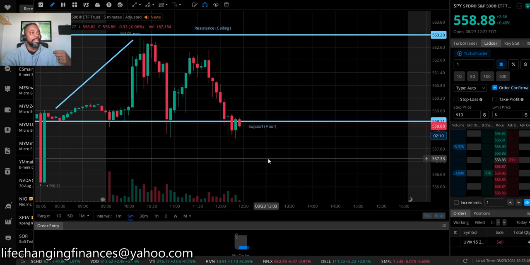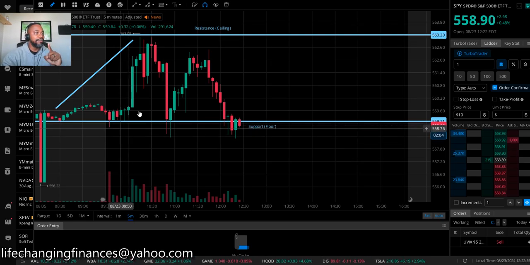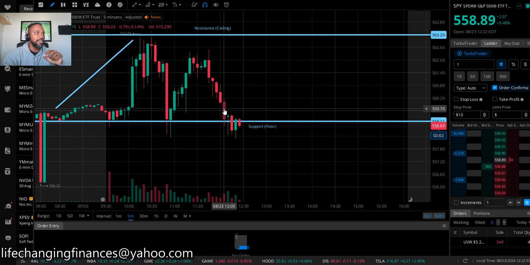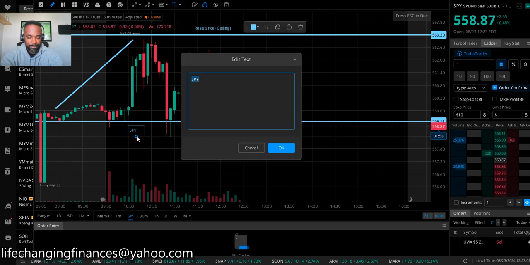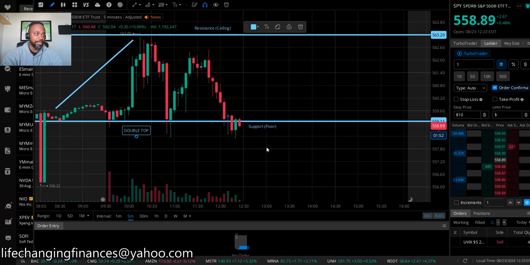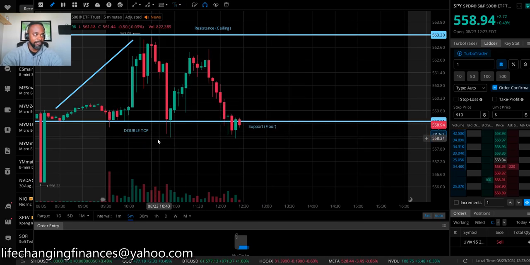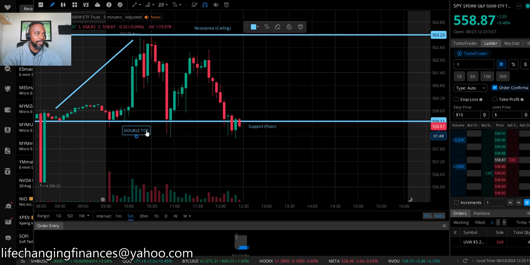In reverse, a double bottom could potentially show you that there's going to be movement to the upside. So for this particular illustration here, you have a double top. Again, it's not a perfect double top, but this is good to know. I'm going to type in double top. Very important to know, double top. And then what is it followed by typically? I'm going to put that in.